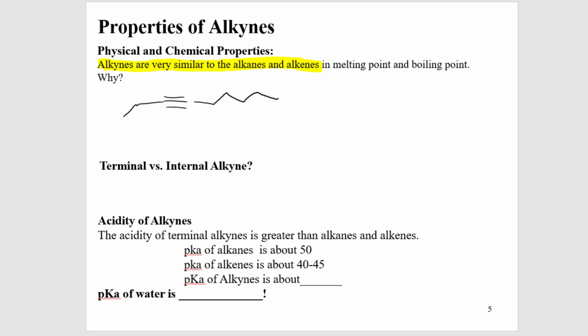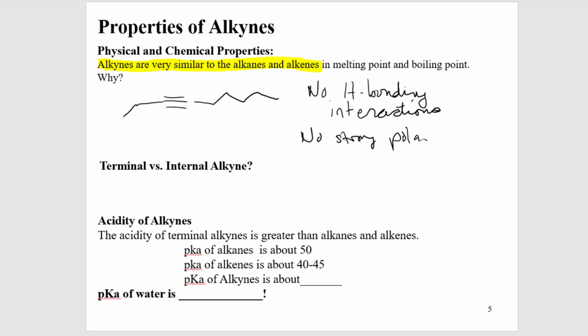Alkynes on their own have really no hydrogen bonding opportunities. And there's really no polarity, no strong polarity or dipole attributed to them. So therefore, they're very similar to alkanes and alkenes. And if that's all you have in your system as an alkyne, it's not going to be a very high melting point or boiling point.